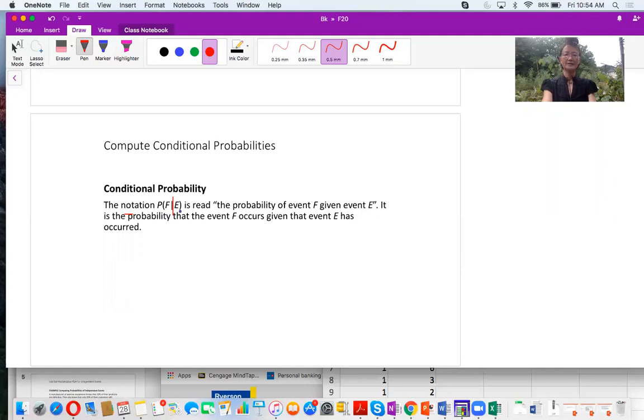Again, I repeat. The first one, the probability of F under condition E. The second interpretation, the probability of F given event E. It is the probability that the event F occurs given that event E has occurred.